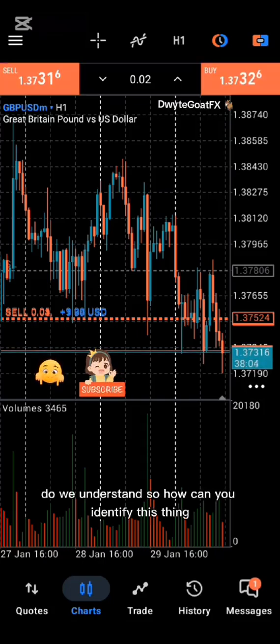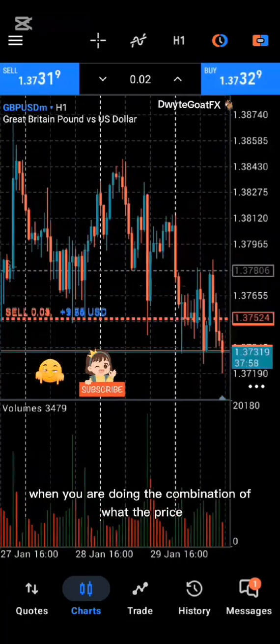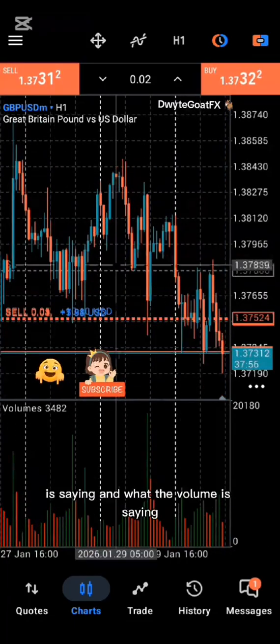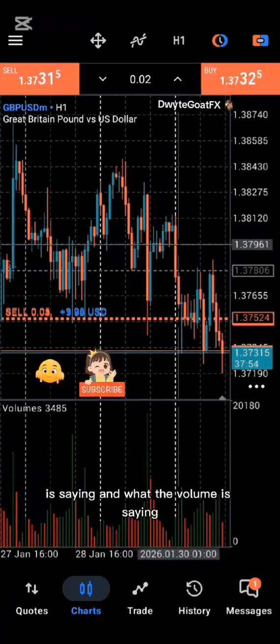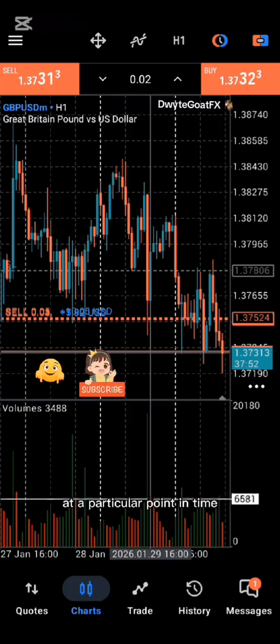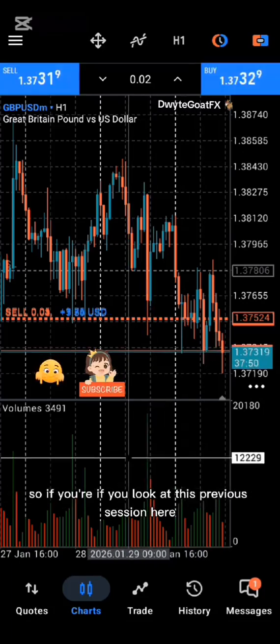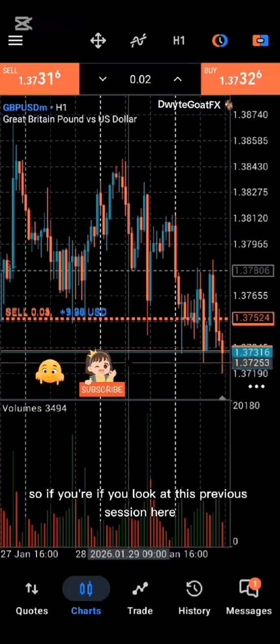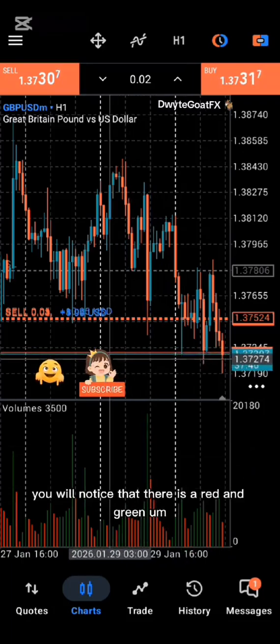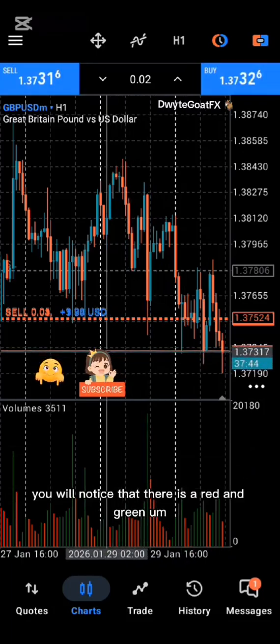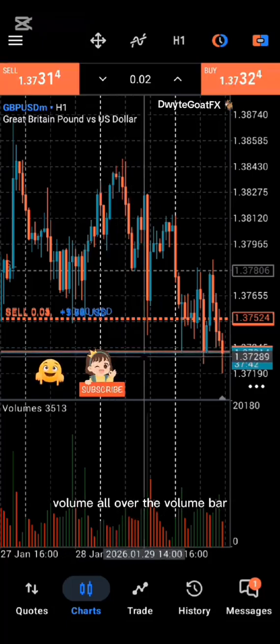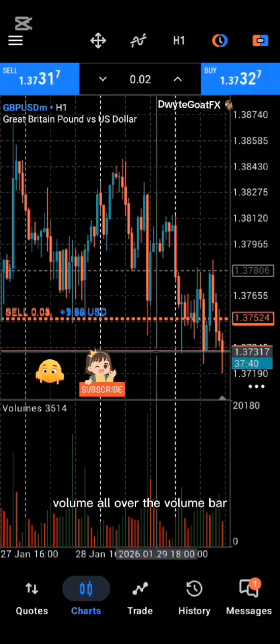Do we understand? So how can you identify these things? It's a very simple thing. You combine what the price is saying and what the volume is saying at a particular point in time. If you look at this previous session here, you will notice that there is red and green volume all over the volume bar.